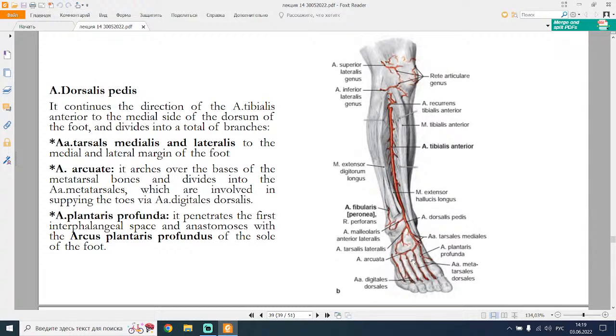Arteria arcuata, arteria metatarsalis dorsalis, arteria digitalis dorsalis are on the dorsal surface of the foot.